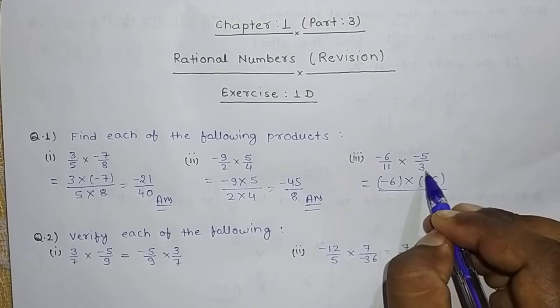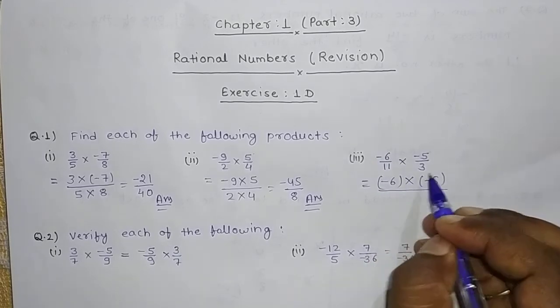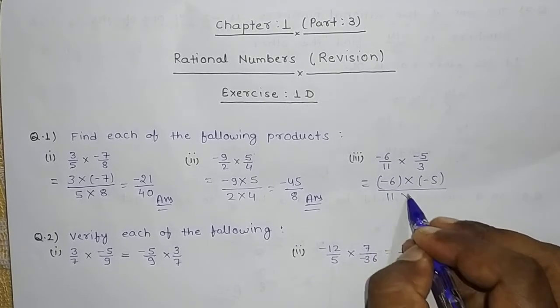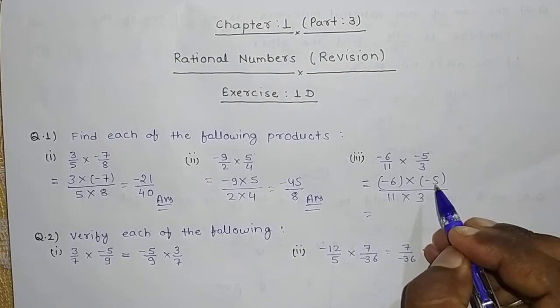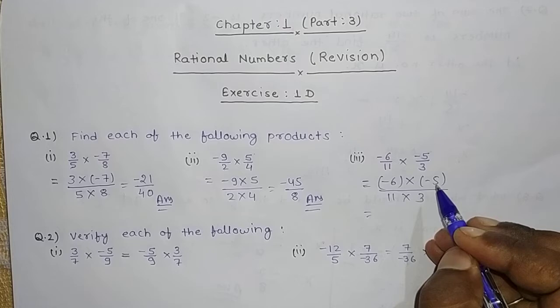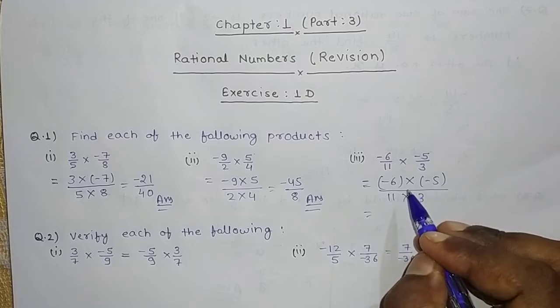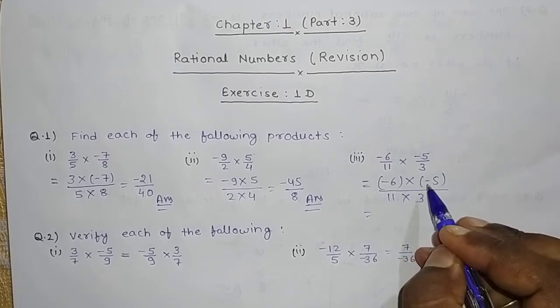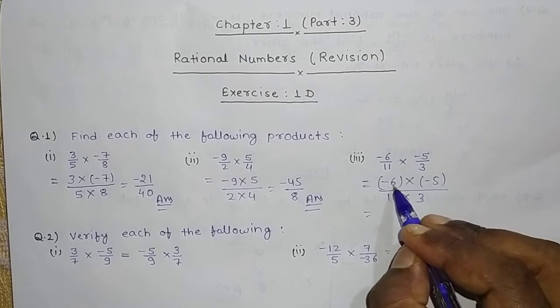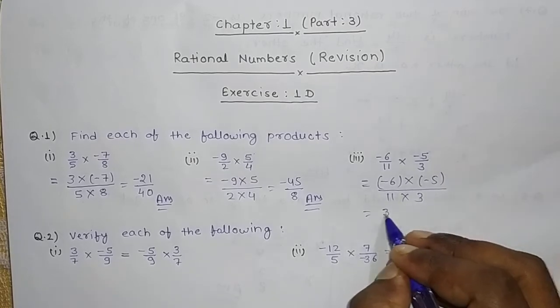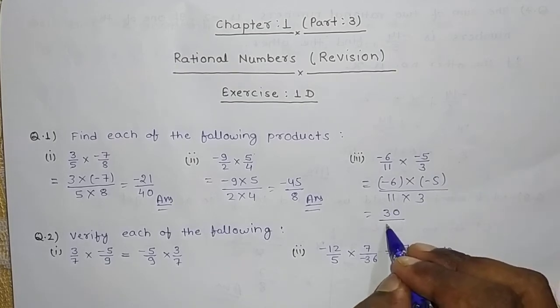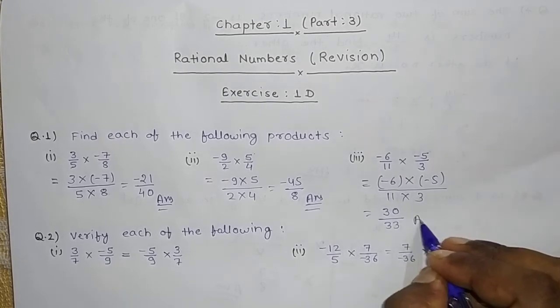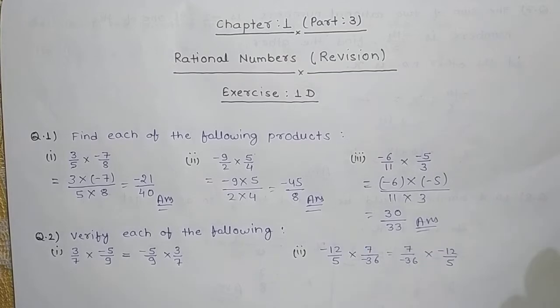So 11 and 3, there are two denominators, so multiply it, 11 into 3. Now minus 6 into minus 5, that becomes plus, minus into minus becomes plus. So 6 5s are 30, so this is plus 30 divided by 11 3s are 33. Now this is the answer, and it's very simple.